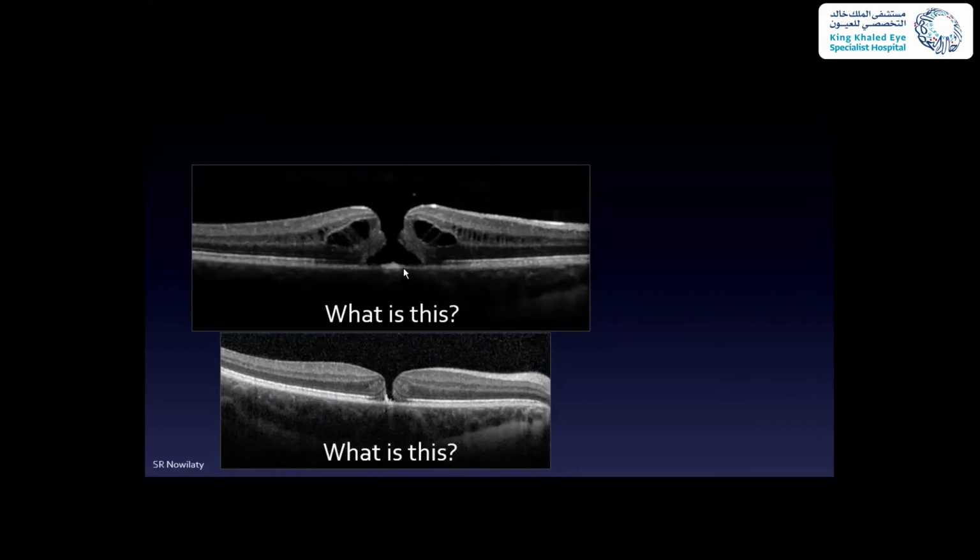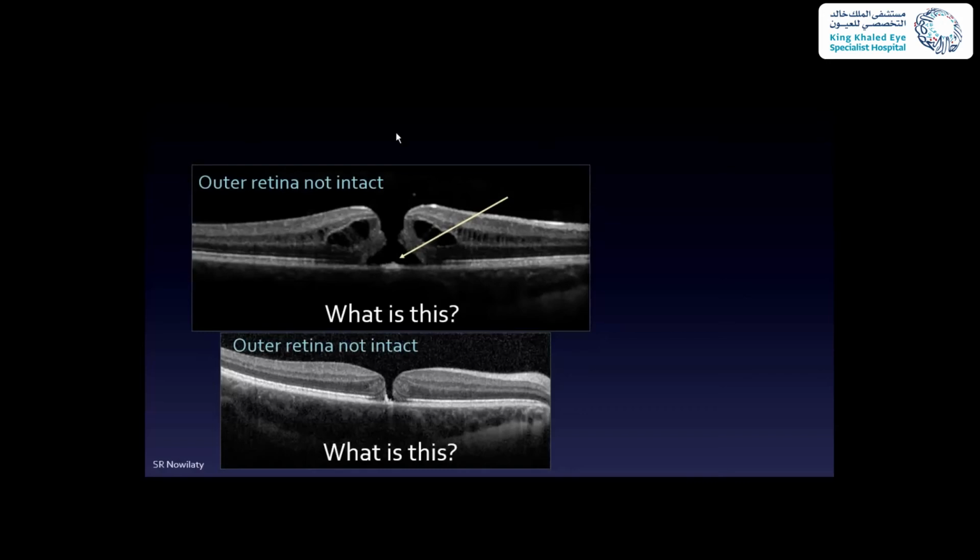But why is this bright? Why do you have this brightness right here? Who can tell me this? Can anybody tell me why this RPE here is brighter than here? Reverse shadowing, absolutely.